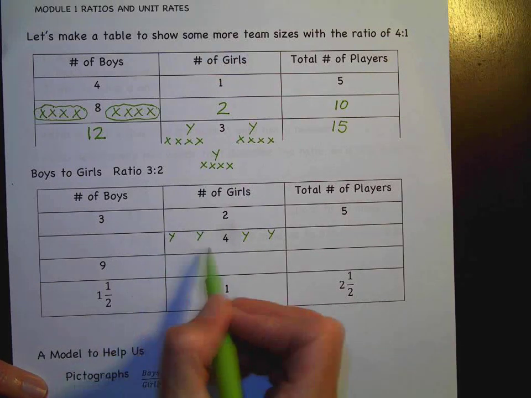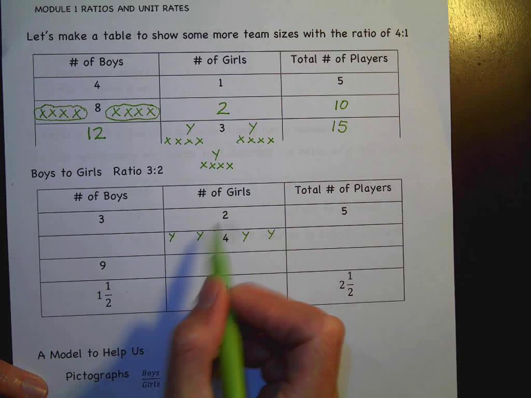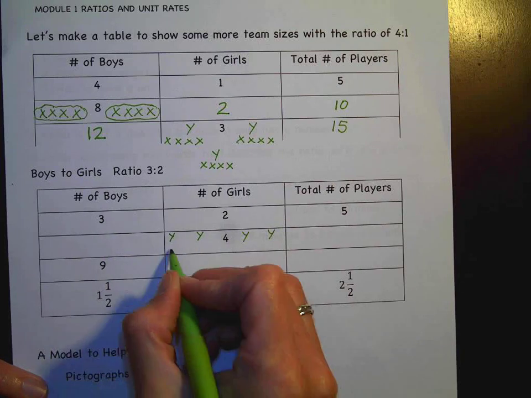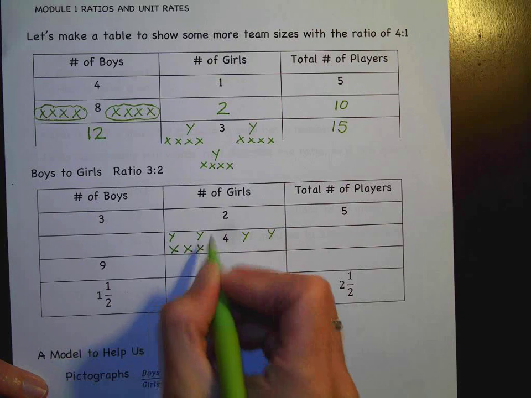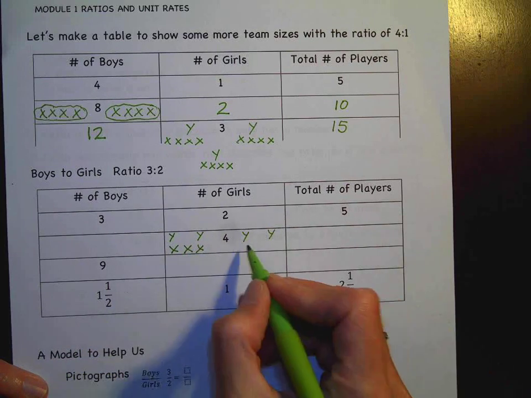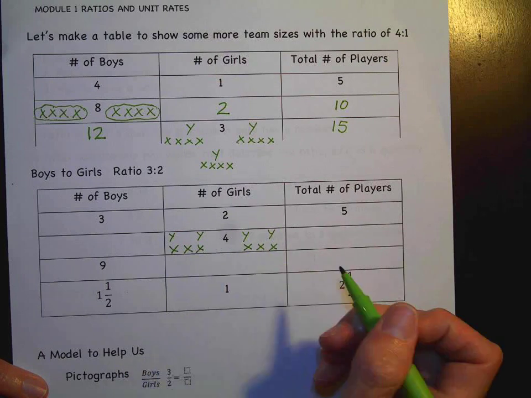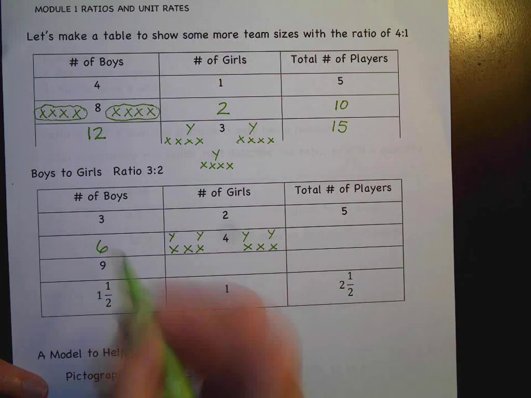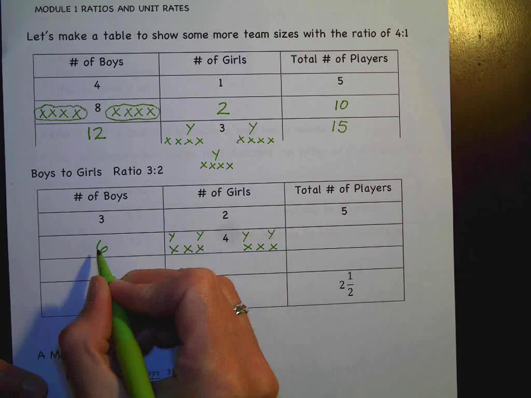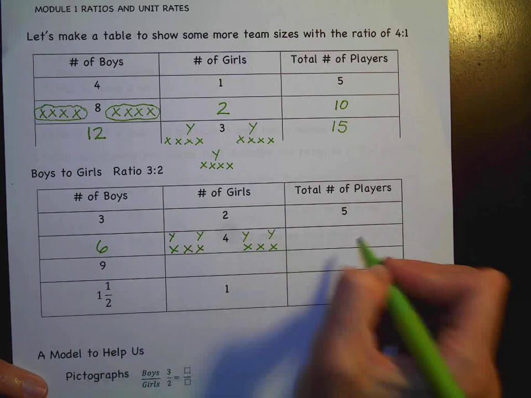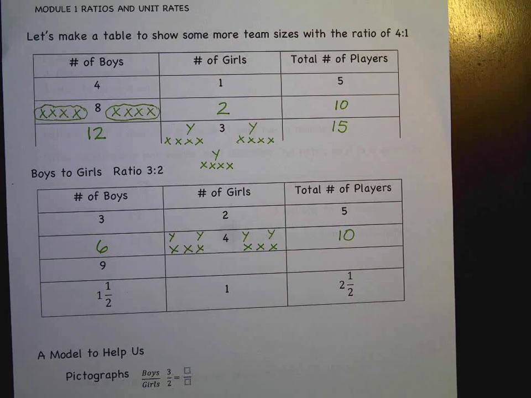Do you see them? 1, 2, 2 girls. So how many boys would there be? For every 2 girls, there's 3 boys. So we have 3 boys on this side because there's the 2 girls, right? And then 3 boys on this side because there's the 2 girls. So in total, we have 6. So 6 boys, 4 girls, that gives us 10 players altogether.